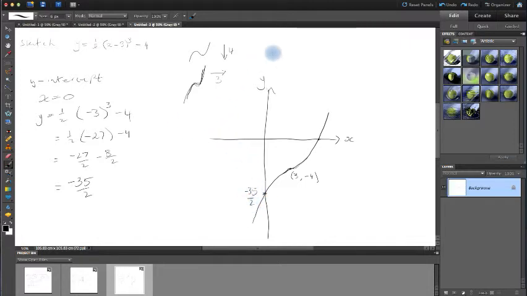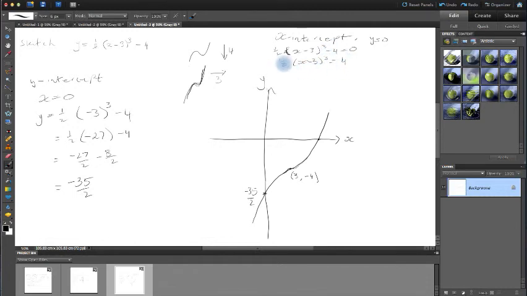And now we've got the x-intercept. And the x-intercept is when y equals 0. So we've got half times x minus 3 cubed minus 4 equals 0. So it's a half times x minus 3 cubed equals 4 by putting this to the other side.